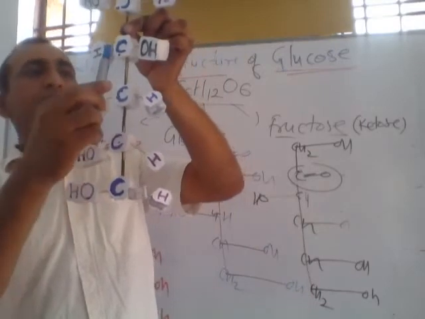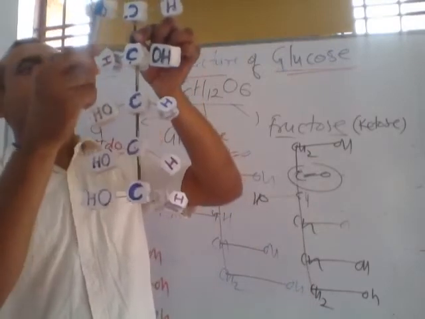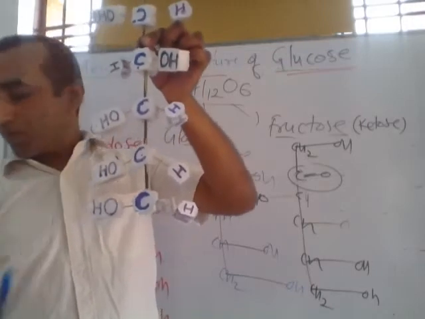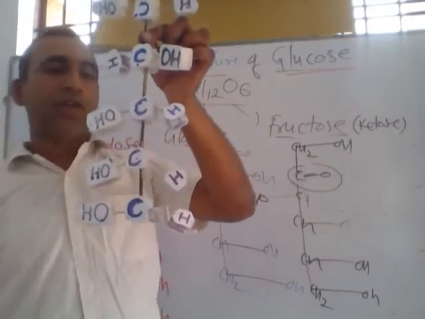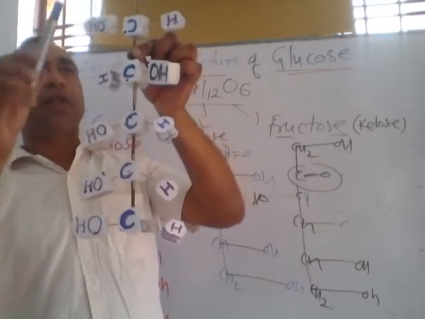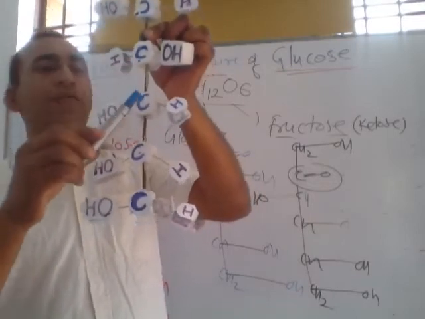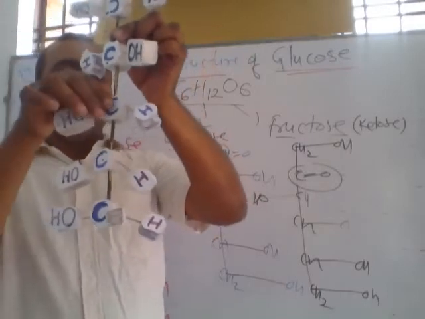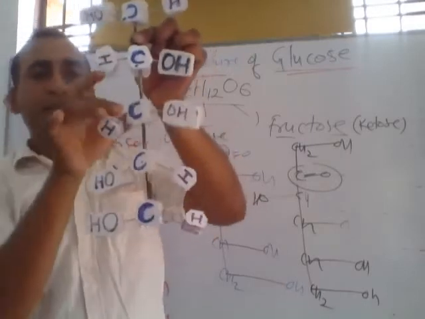The orientation on this carbon is changed, OH, OH, and this is the carbon with the aldehyde group. This is glucose. If we change the orientation on the fourth carbon, start from here 1, 2, 3, 4, this is the fourth carbon. We are changing the configuration of this fourth carbon, OH and H change.